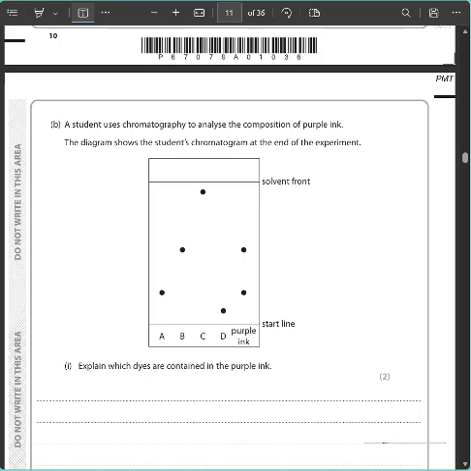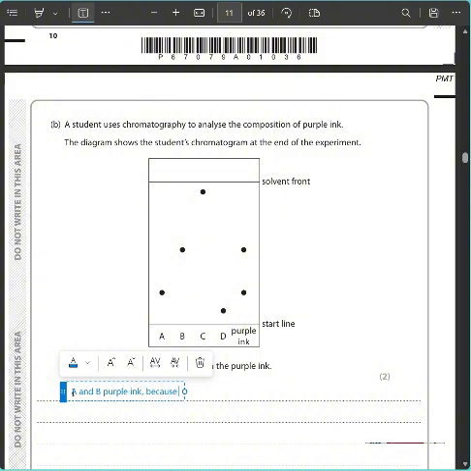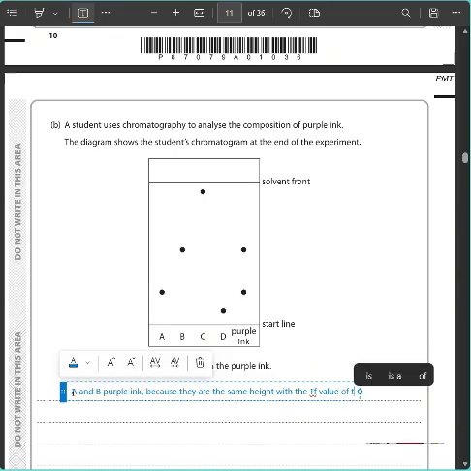Okay, according to the chromatogram, we can easily see that A and B contain purple ink, because they are at the same height as the Rf value of the purple ink.